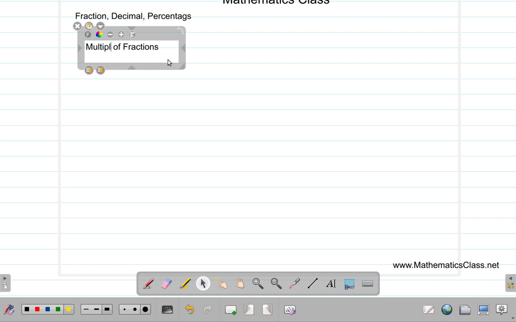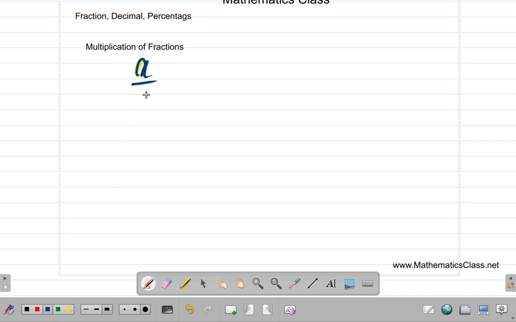Multiplication. Now we're going to multiply fractions. Suppose you have two fractions, say A over B multiplied by C over D. What you actually do is multiply the two numerators, top by top, over the denominators, bottom by bottom.